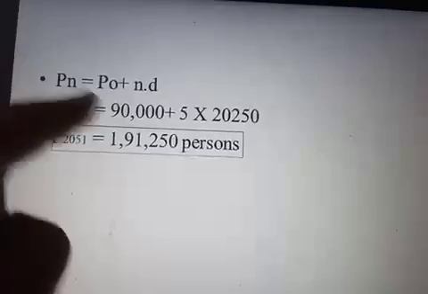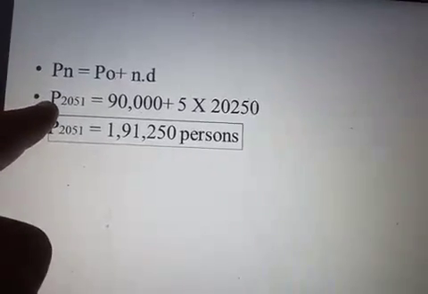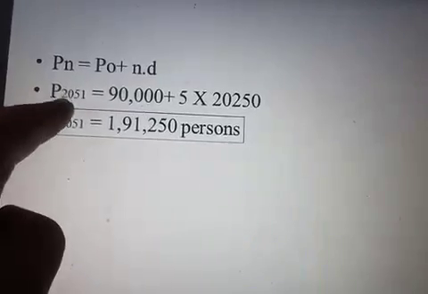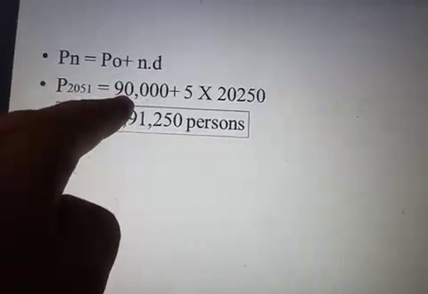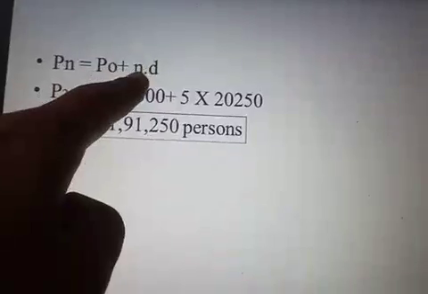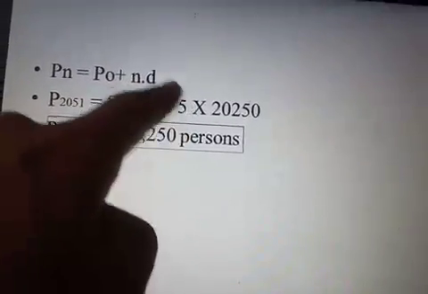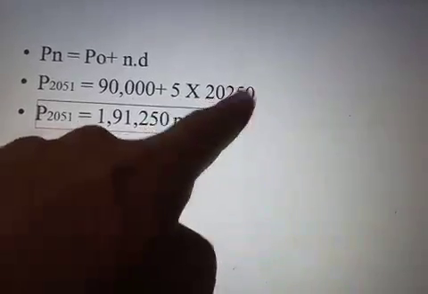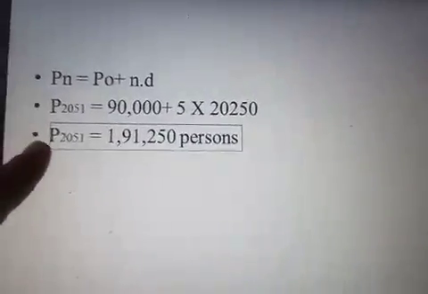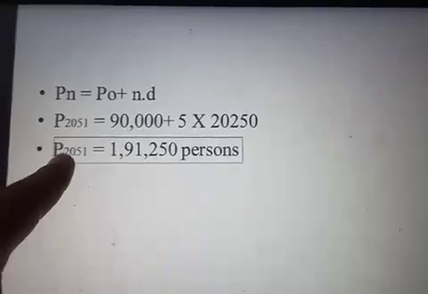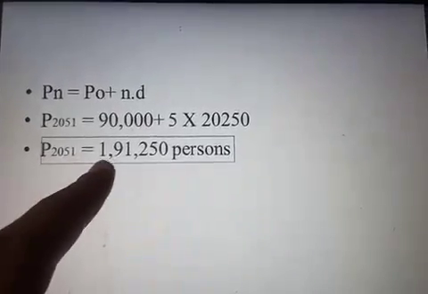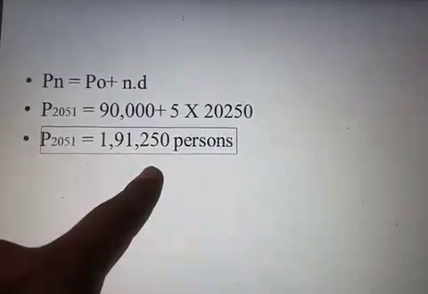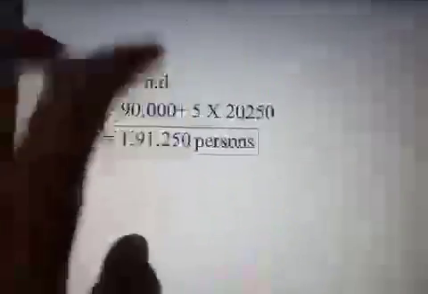Pn, the population to be calculated at 2051, equals P0, 90,000, plus number of decades 5 times the average population increase 20,250. The population at 2051 is equal to 1,91,250 persons. This is the final answer.